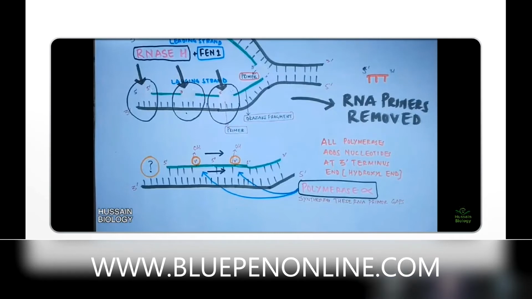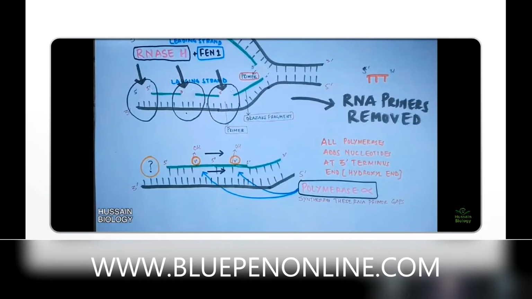After the first gap, you can see one Okazaki fragment. Which is the direction? 5 prime to 3 prime. Then the second Okazaki fragment, in which direction? 5 prime to 3 prime. So in the second gap and third gap, we have a 3 prime OH group.